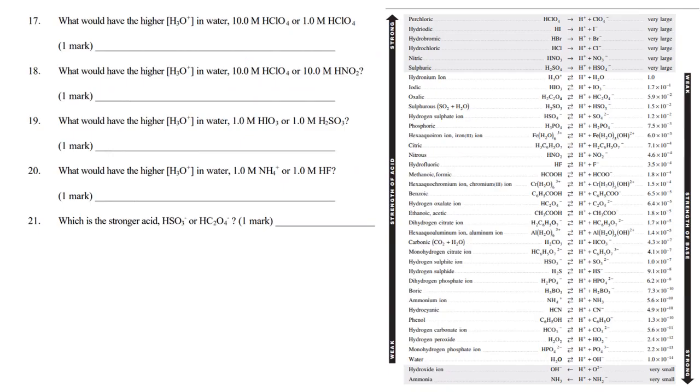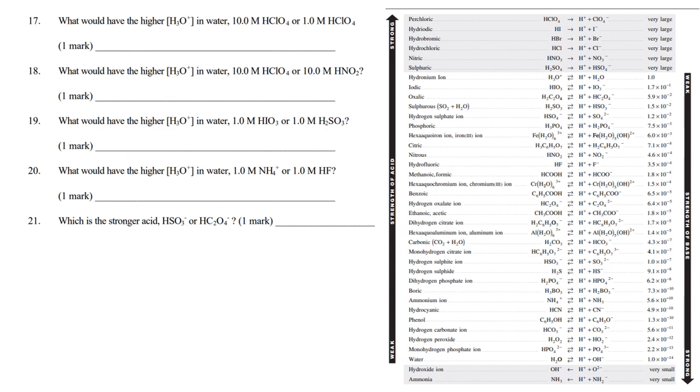Okay, I skipped ahead again to 17, 18, 19, 20, 21. We're going to talk a little bit about these ones right here. Number 17, which would have the higher concentration of acid or hydronium in water, 10 molar HClO4 or 1 molar HClO4?